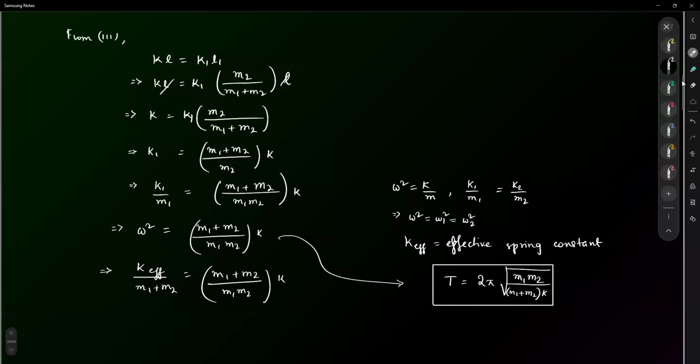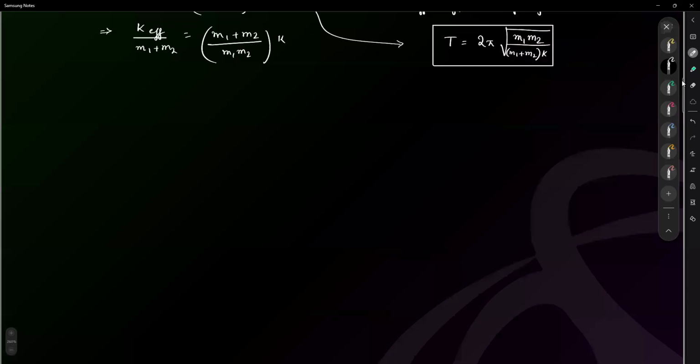Now, what about the series combination of springs? Sorry, by mistake I said circuit. It's for the spring. In case of series connection, suppose this is the fixed part.